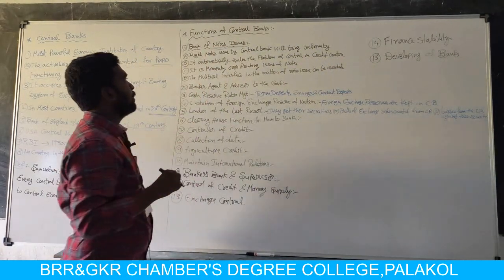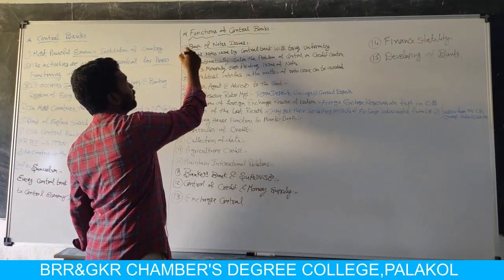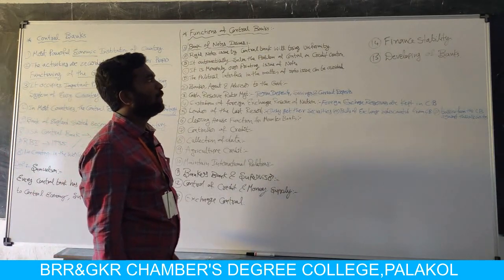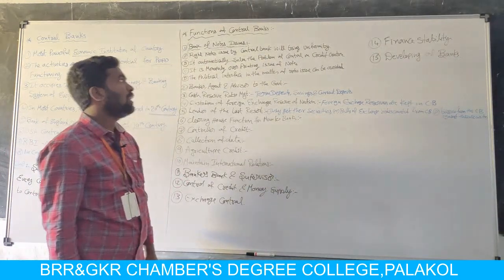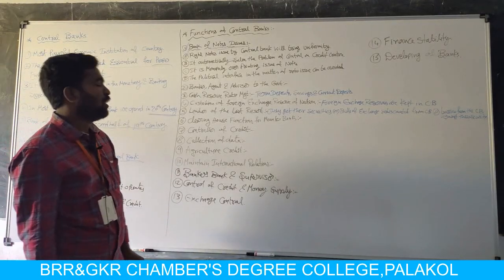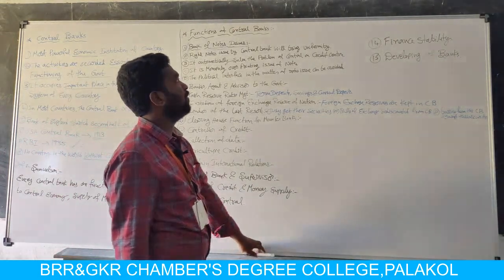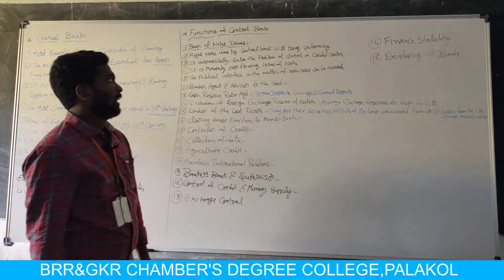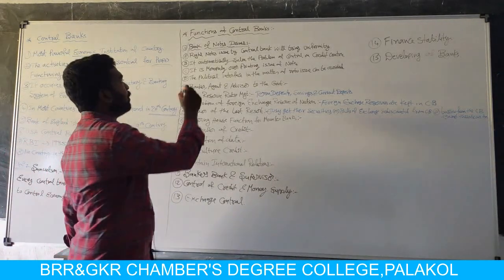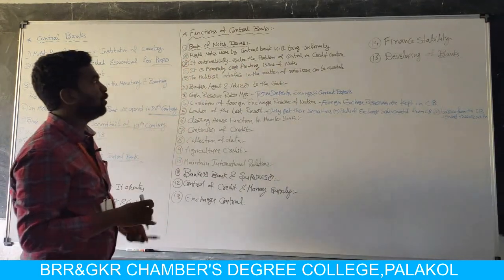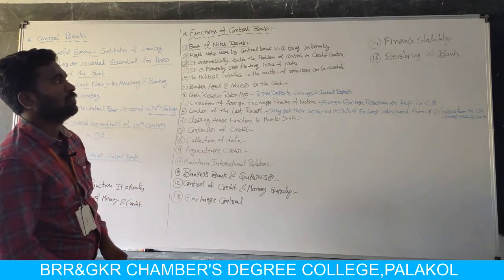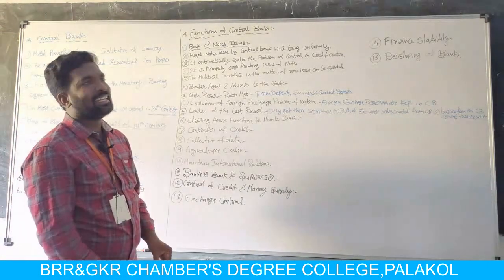The first point: notes issued by the central bank will bring uniformity. The central bank maintains uniformity at the time of issuing currency notes. The second point: it automatically solves the problem of control on credit creation.